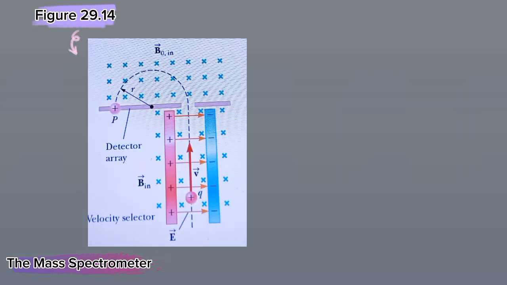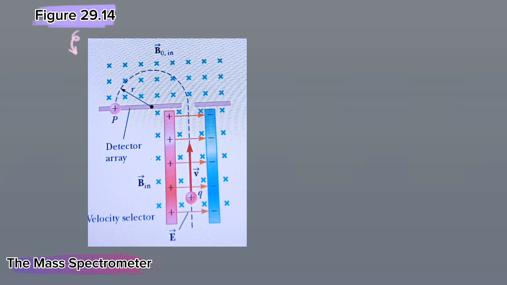In this figure, a mass spectrometer, positively charged particles are sent first through a velocity selector and then into a region where the magnetic field B0 causes the particles to move in a semicircular path and strike a detector array at P. A mass spectrometer separates ions according to their mass-to-charge ratio.